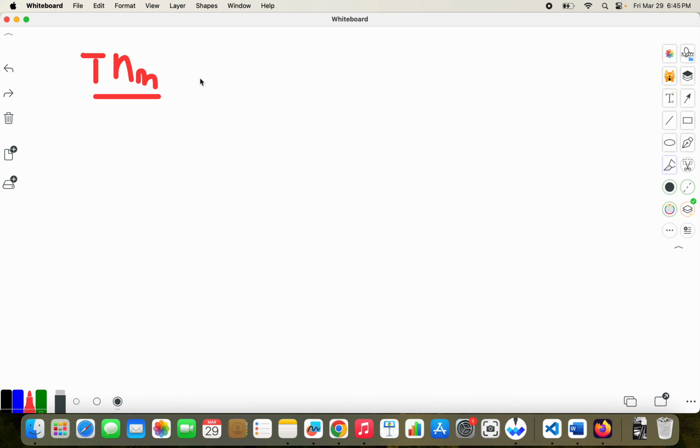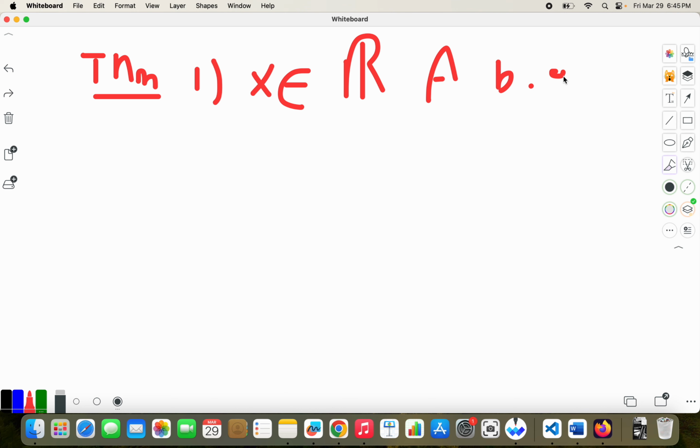This is an actual important theorem. If x is a real number and A is bounded above, or just BA. In fact, I think I should stop writing this. You guys can probably already imagine this. Then x plus A is bounded above. So I'll start going a bit harder on you guys.